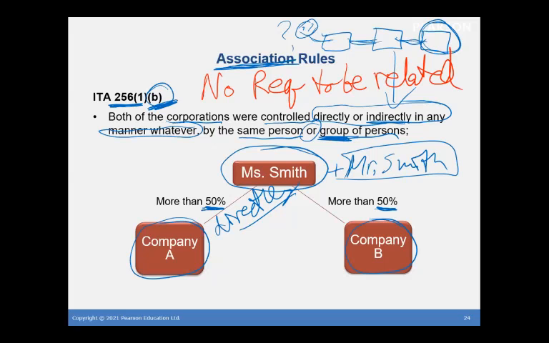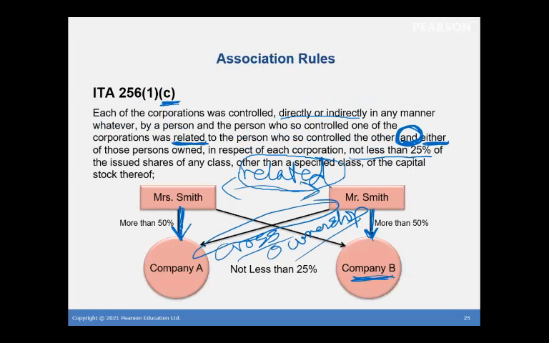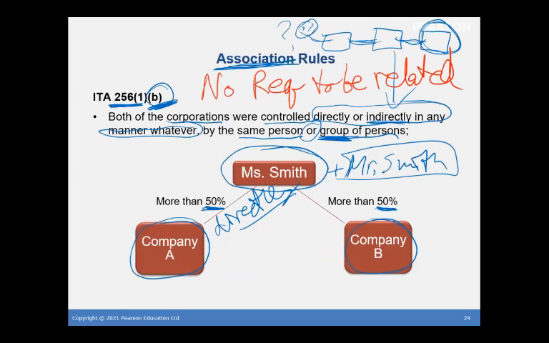The ones that kicked in about being related was when you got into the cross ownership situations. In this situation, this is one person controlling two different corps. So this is like you start a company, a flower shop, then you start another corporation, a shoe store.